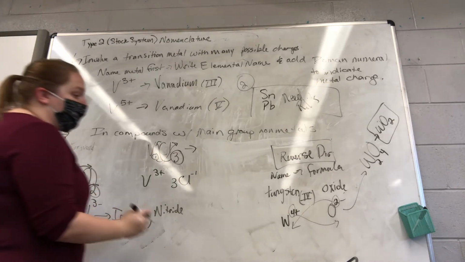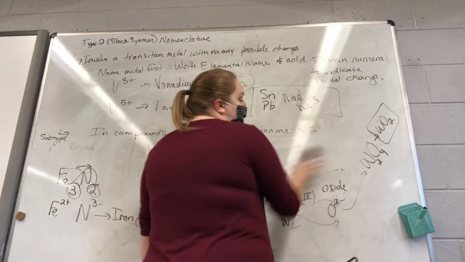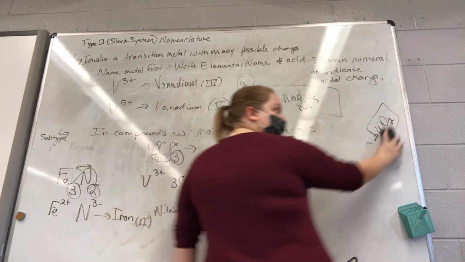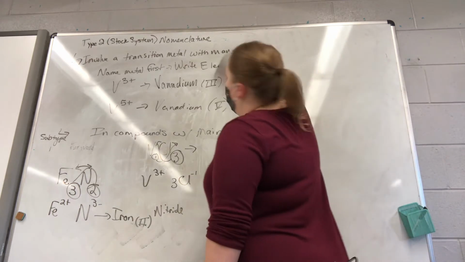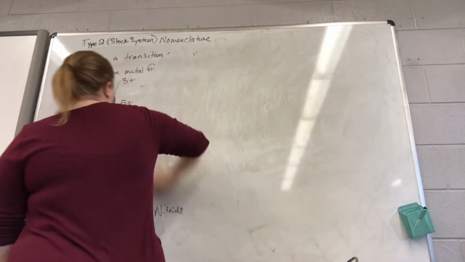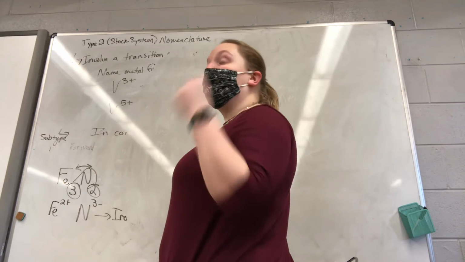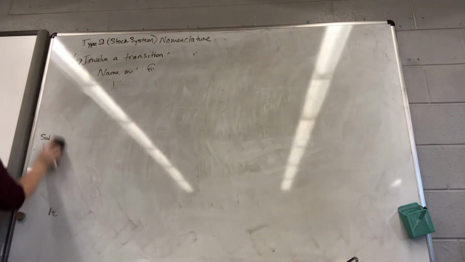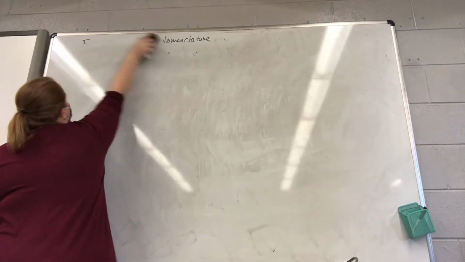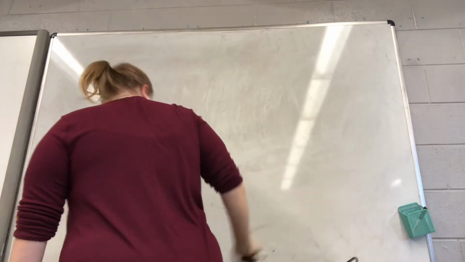So if I give you something like iron nitrate, Fe(NO3)2, you can use the charge on the polyatomic ion that you have now memorized, boys and girls, to determine the charge on the metal. This was the point of the polyatomic ions.